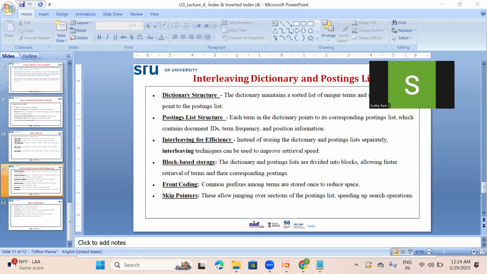Instead of storing the dictionary and posting list separately, interleaving techniques can be used to improve retrieval speed. Block-based storage. The dictionary and posting lists are divided into blocks, allowing faster retrieval of terms and their corresponding postings. Front coding. Common prefixes among terms are stored once to reduce space. Skip pointers. This allows jumping over sections of the posting list, speeding up search operations.